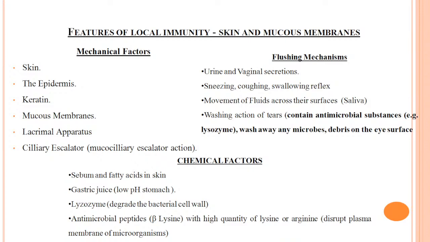And the last one is the chemical factors. Chemical factors include sebum and fatty acids in skin. Acidic environment is harmful for most bacteria. Gastric juice has low pH, and that's why it is also harmful. For example, if a person has a normal stomach pH, such a patient is not infected with Vibrio cholerae.